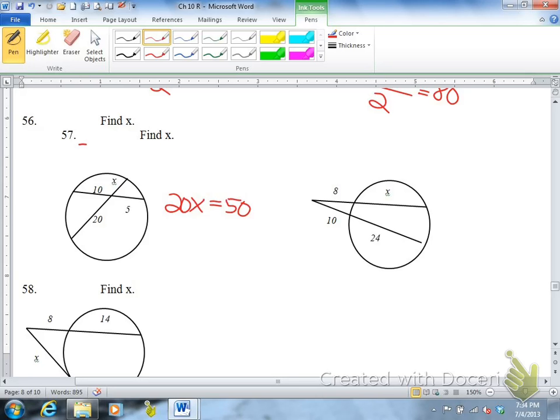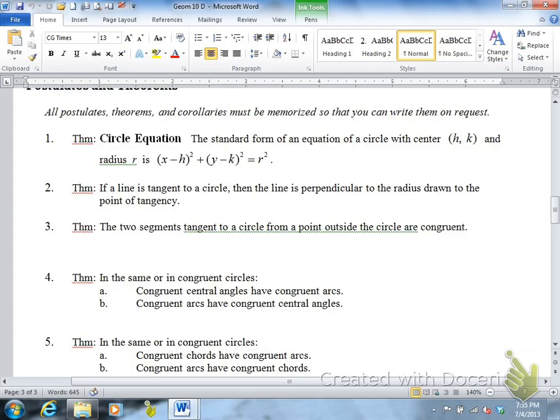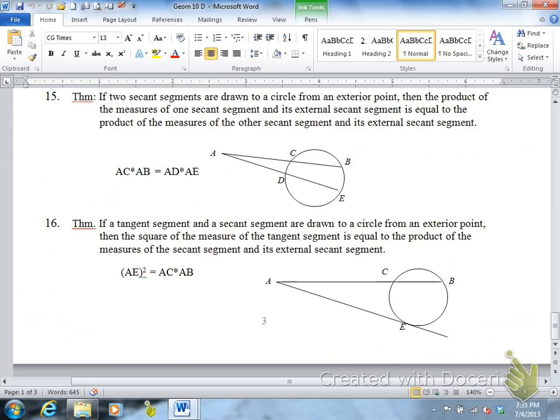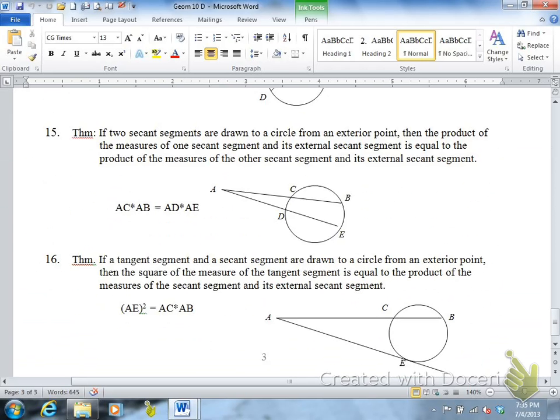When two secants touch the circle in 2 points, you might remember the definition right here. A secant is any line that intersects the circle in exactly 2 points. The formula is right here. Remember, you have to do part times the whole equals part times the whole.